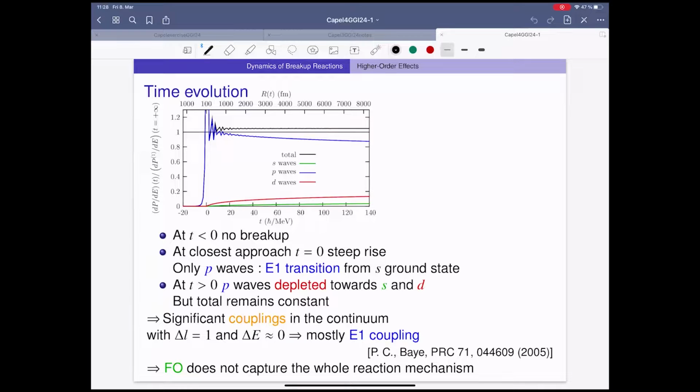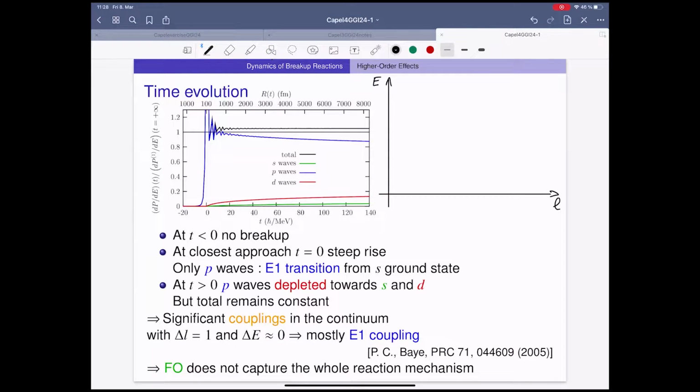And what we understood is in the following way. If I do something similar to what Jeff Tostevin did, I look at the spectrum of the nucleus, and I plot it as a function of the orbital angular momentum.